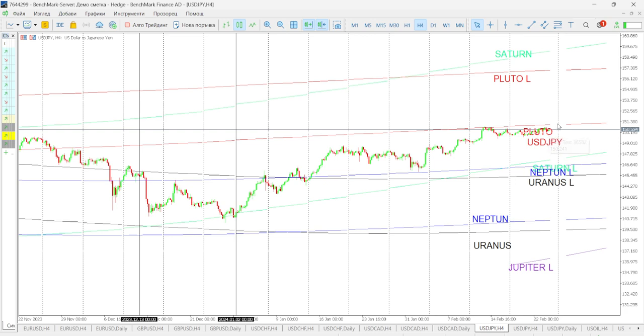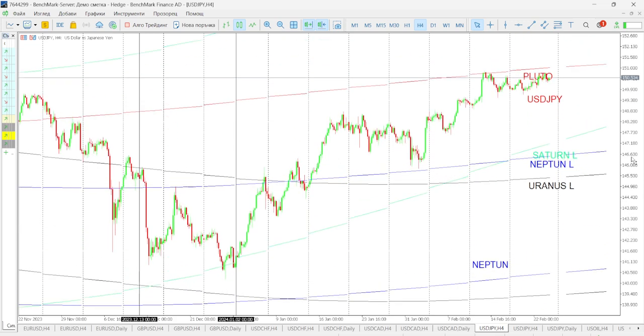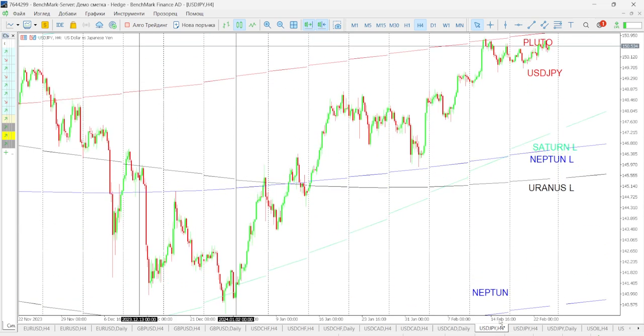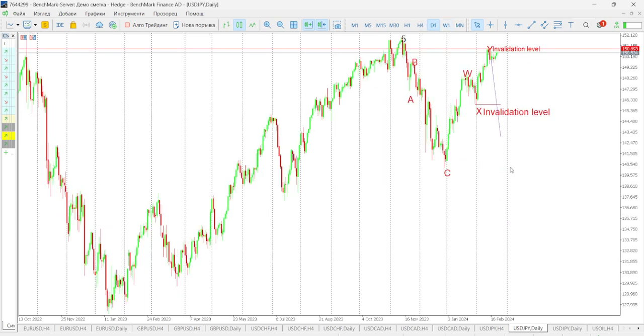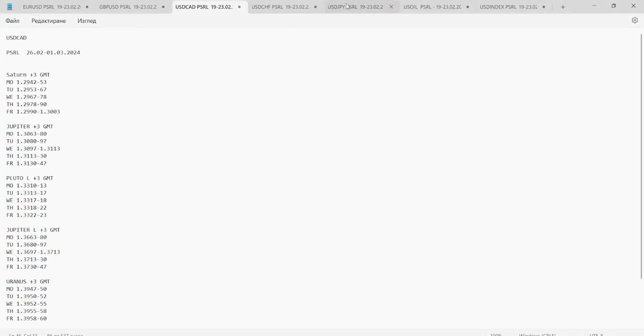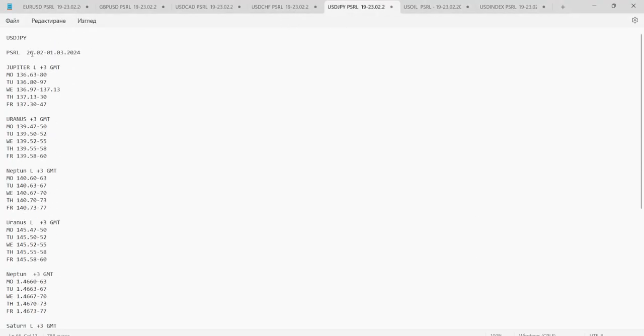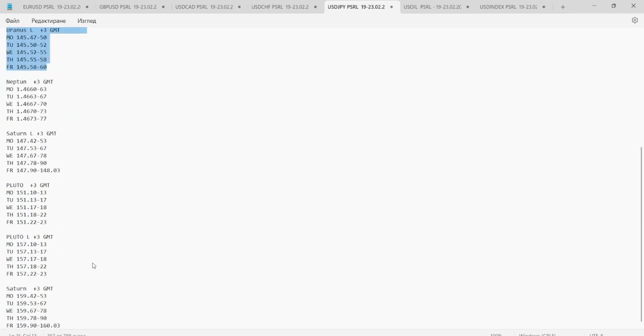Maybe price will continue going up to these lines here. I'm not quite sure for now. On a daily time frame. Okay, the lines for the next week. This portion, this portion.